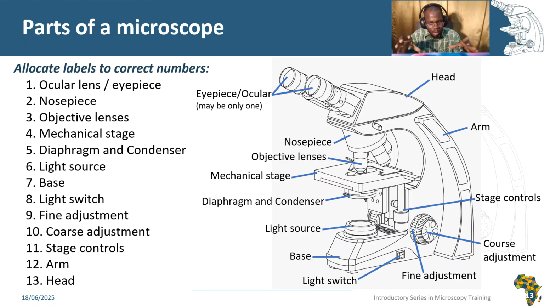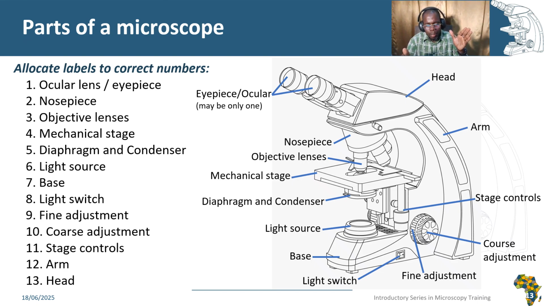The fine adjustment knob is a part of a microscope that sharpens the image for clear observations. And the stage is a flat surface where you place your slide. The stage clip is a part that helps to secure the slide in place.